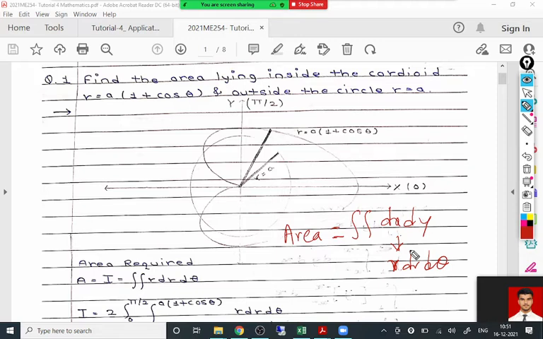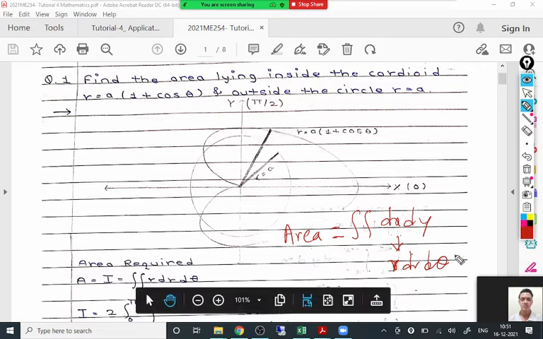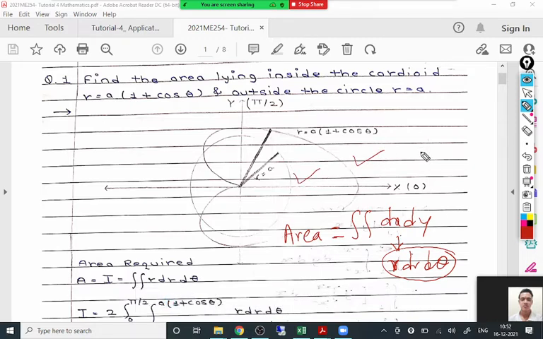And so what about the cardioid? For the cardioid and the circle, everywhere it is r dr d theta, because when x is r cos theta and y is r sin theta and you replace dx dy by r dr d theta, the circle remains a circle, the cardioid remains a cardioid, and the ellipse remains an ellipse also. So there is not a problem.